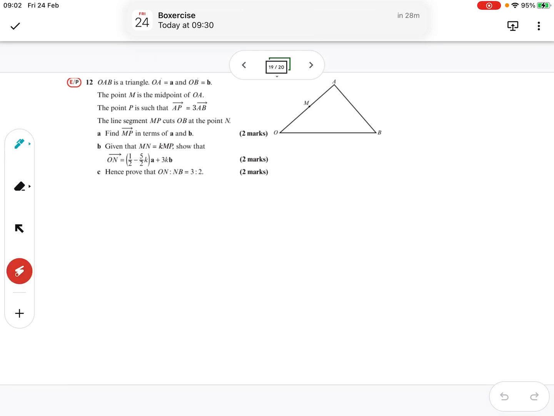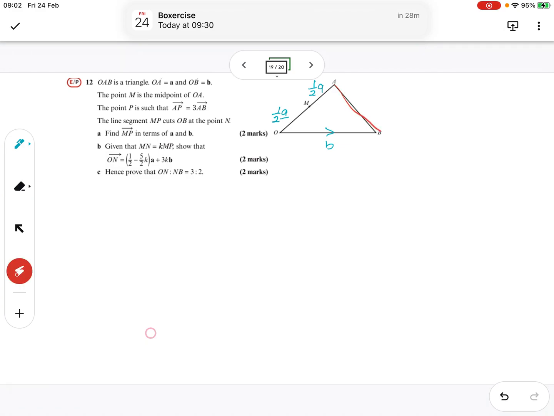So OAB is a triangle. OA is A, OB is B. M is the midpoint, so I'm going to change that to a half A and a half A. The point P is such that AP is 3 lots of AB.